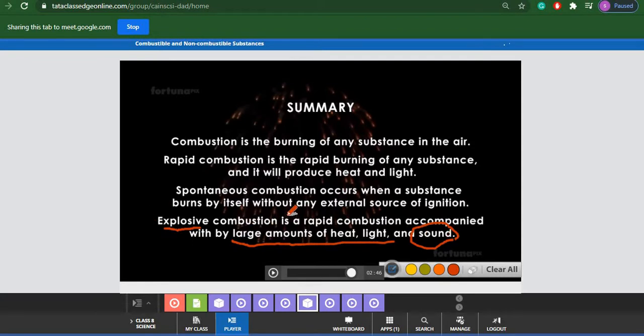In the case of explosive combustion, it also produces sound, but in rapid, it only produces heat and light. And this is another one, spontaneous. So in this case, basically you don't have to apply any external source or external heat.